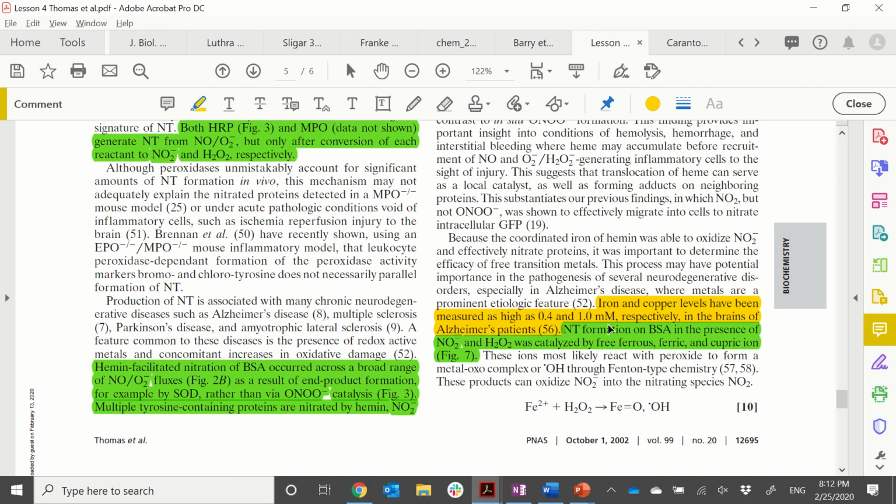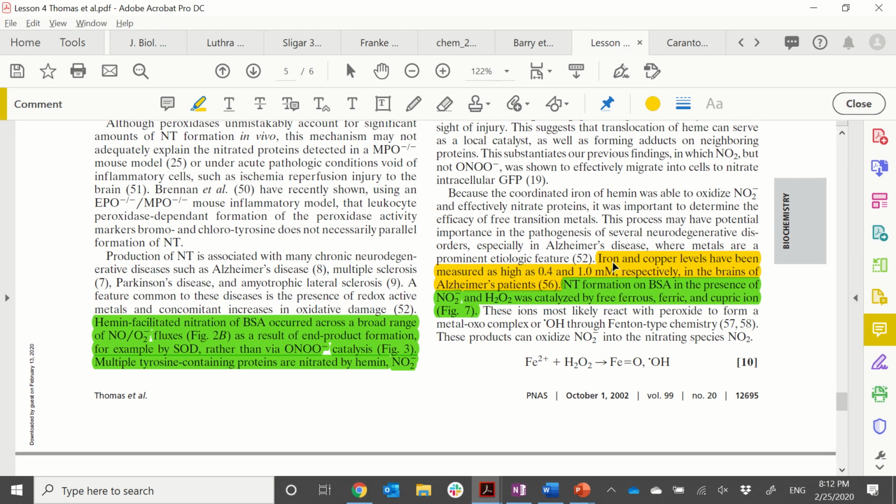And so this is an interesting set that I want to highlight, where the authors say "iron and copper levels have been measured as high as 0.4 and 1.0 millimolar, respectively, in the brains of Alzheimer's patients. NT formation on BSA in the presence of nitrite and peroxide was catalyzed by free ferrous, ferric, and cupric ion, Figure 7."